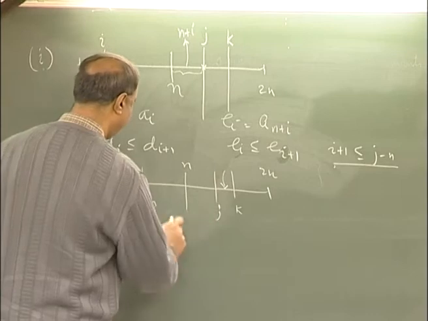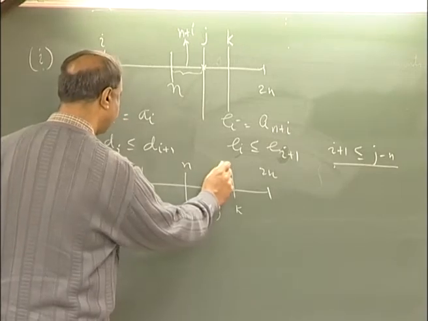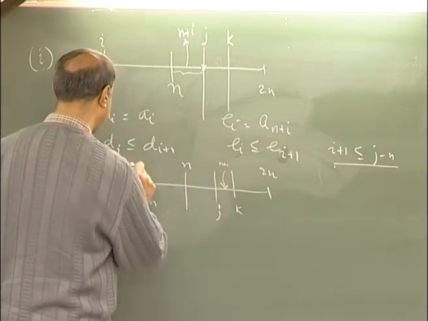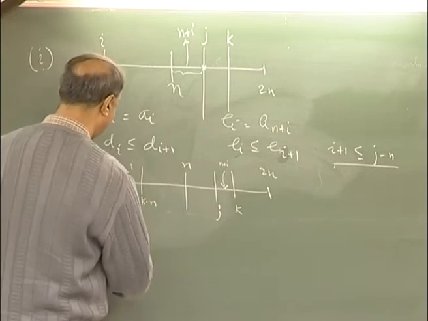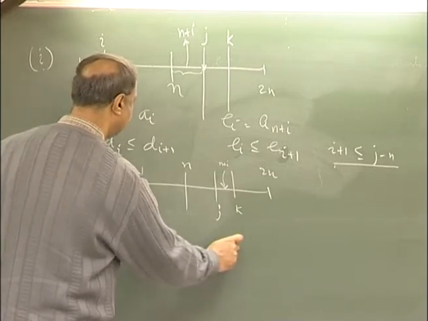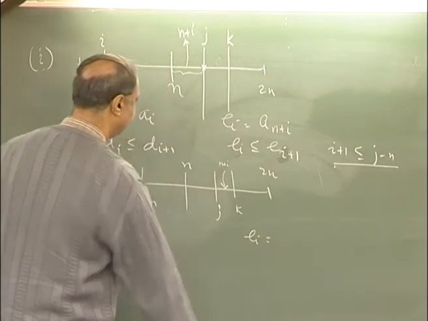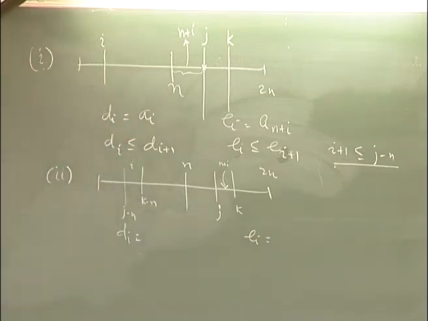Now, can you tell me when N plus i is lying here, N minus i is lying here, what is your di and what is your ei?